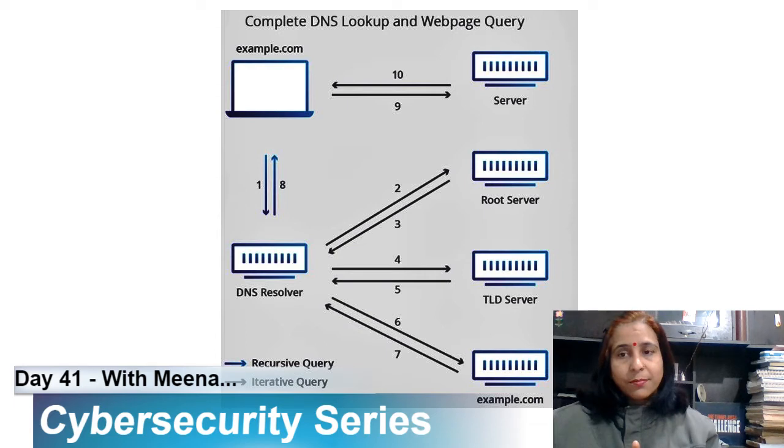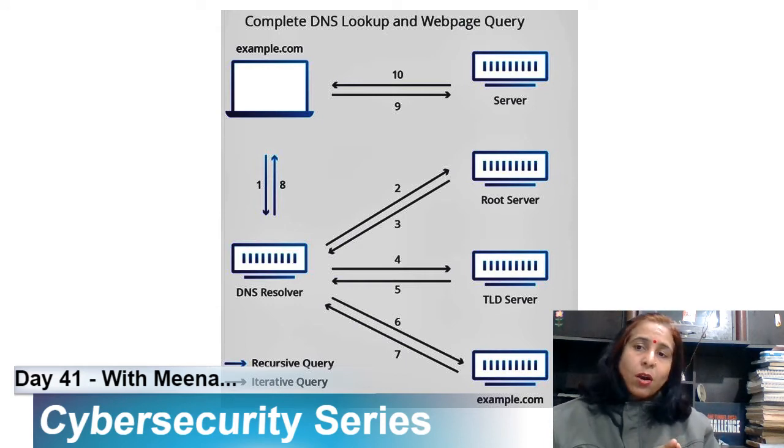If the DNS resolver does not find that entry, from where will it start to search? As I told you in the previous slide, there is a dot at the end of whatever domain name we type in the address bar. Although we don't type it, it automatically exists, and that represents the root server. So first it sends its recursive query to the root server, which are 13 sets of root servers around the world having the information about the top level domain servers.